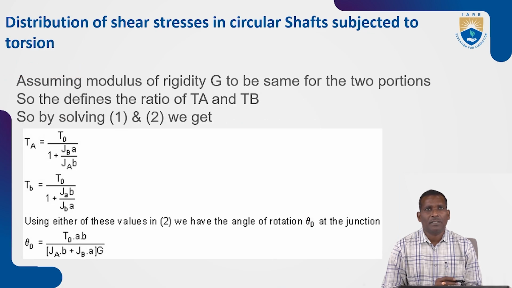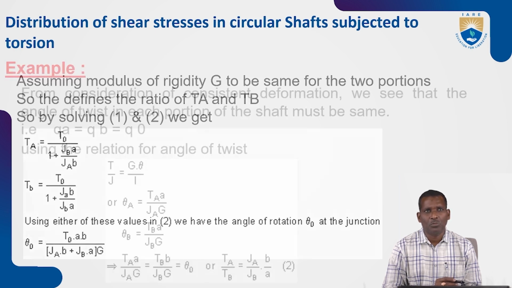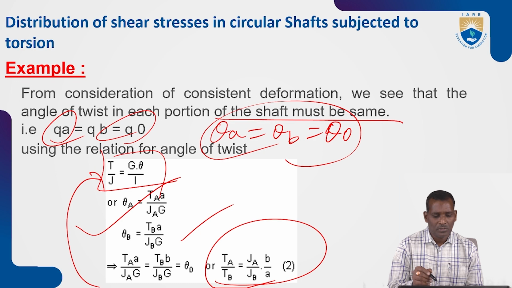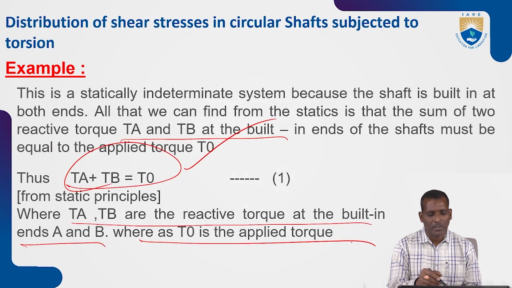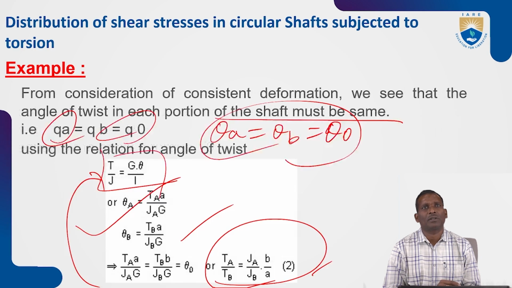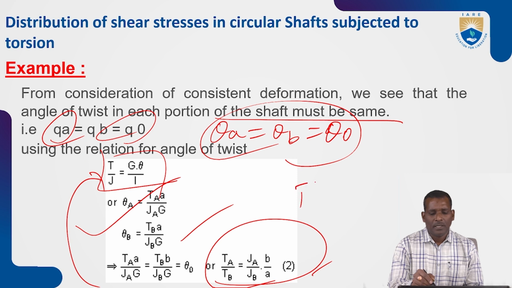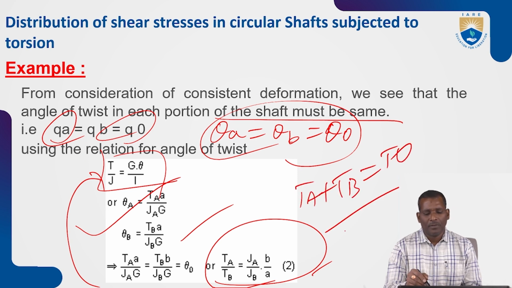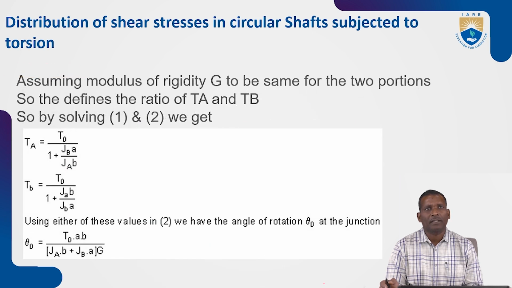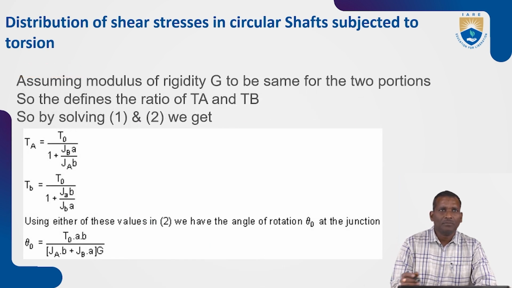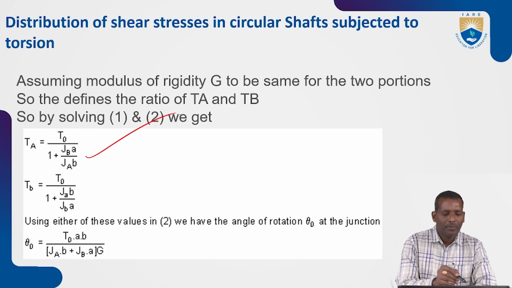So we define the ratio of TA and TB, solving equations 1 and 2. We already have one equation, TA plus TB is equal to T naught. After solving these two equations, you will get TA and TB.